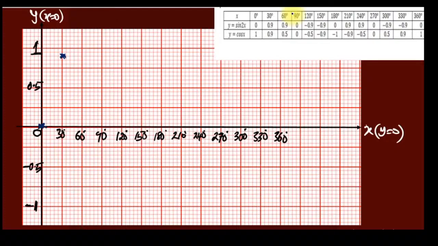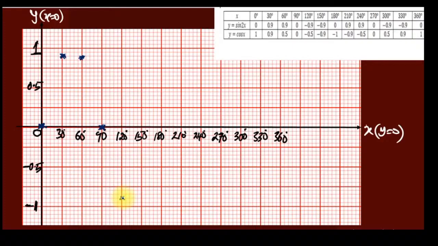And again, 60 is also 0.9, which is here. For 90 it is 0, see 90, 0. For 120, minus 0.9. Since 18 up is positive, 18 down will be negative. So 5, 10, 15, 16, 17, 18.